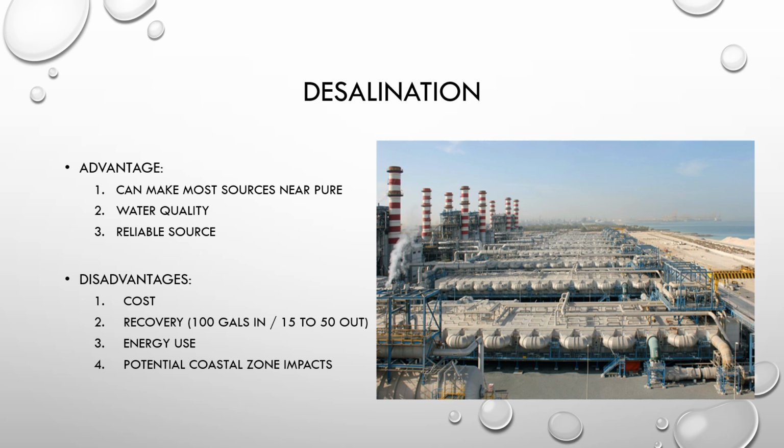And obviously the rest of that water has to be discharged back out into the ocean, so there's that potential for coastal zone impacts. Plus, these plants have to be built relatively close to the ocean or to the coastline, which is unsightly in and of itself. And then lastly, there's a lot of energy use that goes along with it.